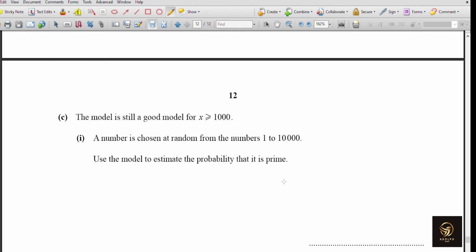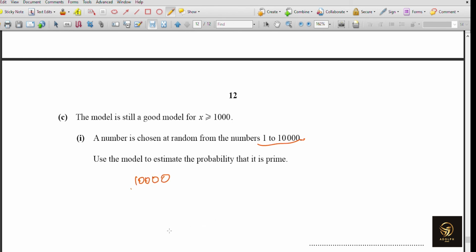A number is chosen at random from the numbers 1 to 10,000. Use the model to estimate the probability that it is prime. They have allowed us to take the number up to 10,000.